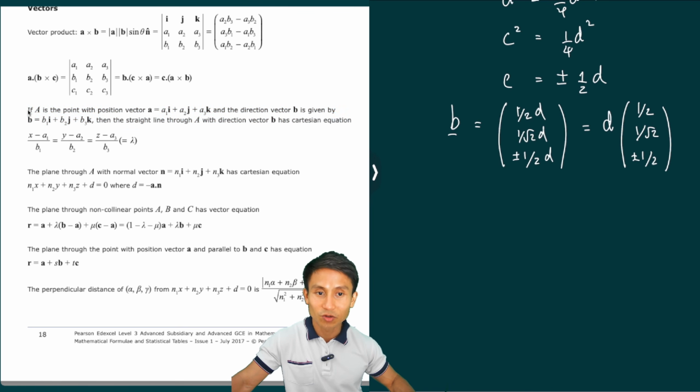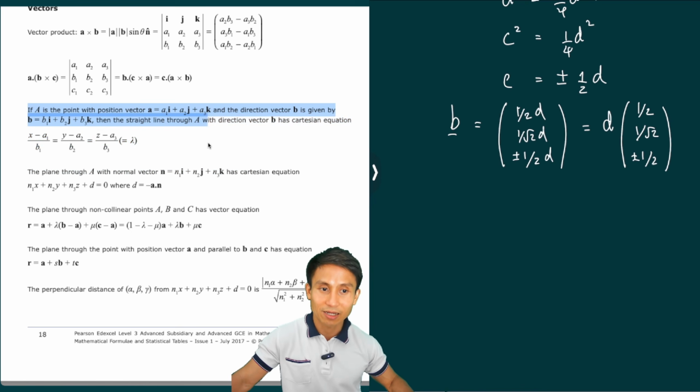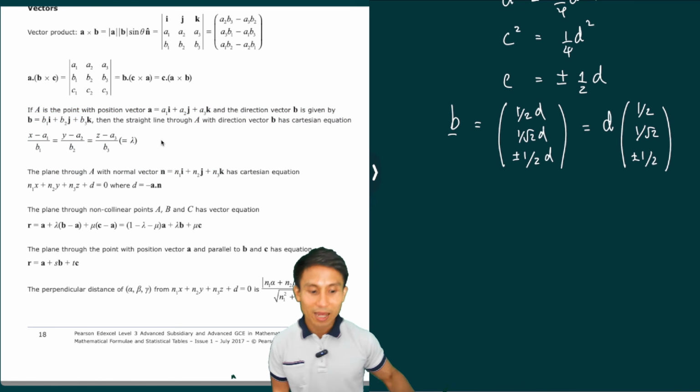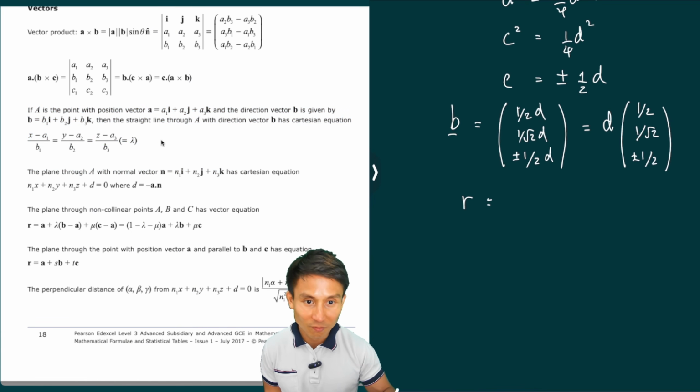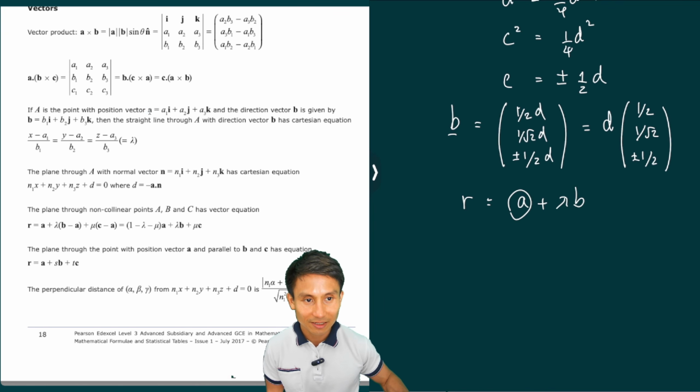So this is saying a vector equation of a line in Cartesian form, where the line is A plus lambda B. A is just this guy, and B, the direction vector, is just this guy, right?